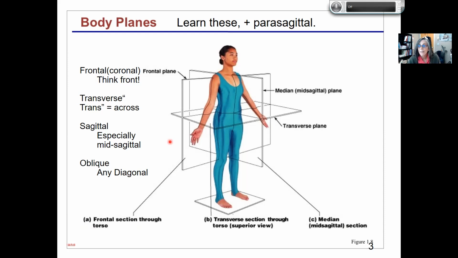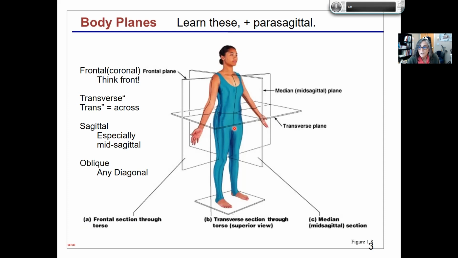They angle the camera in such a way where they can look straight down the middle. Anything that divides the right side from the left side is called sagittal. If it's straight down the middle, that means it goes between the eyes, right in the middle of the nose and the mouth, straight down the sternum and right in between the legs. That's mid-sagittal.